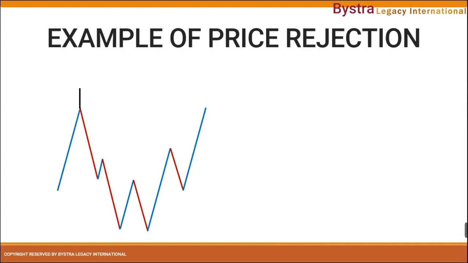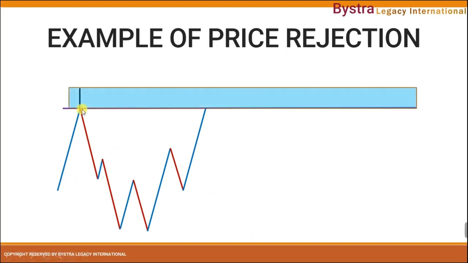So let's look at an example of a price rejection. Here, as we can see, this is the price on the weekly time frame. What we should do is mark this horizontal line from the edge of the resistance, and then this is the shadow. Then we mark the zone from the edge of the resistance to the shadow all the way up. So this will be our danger zone area.